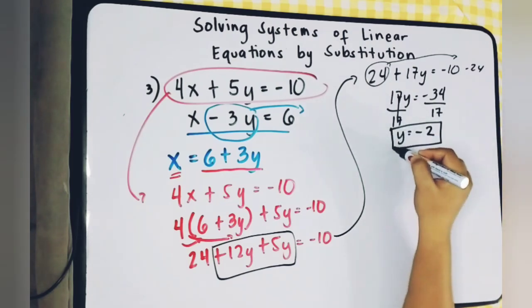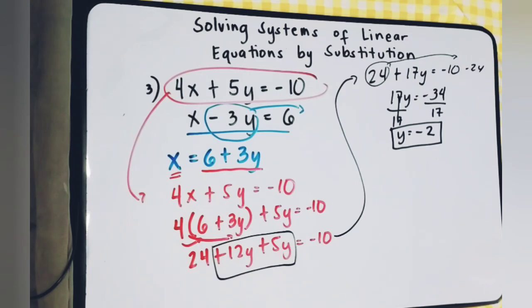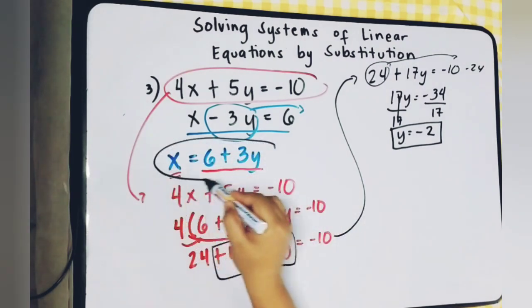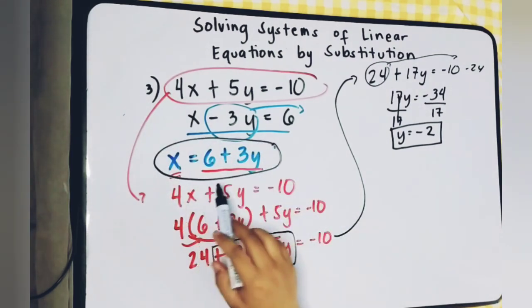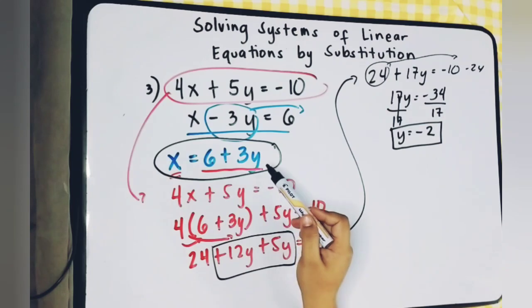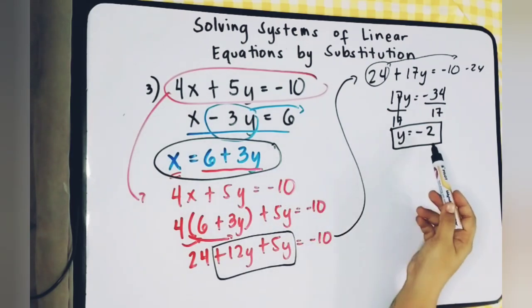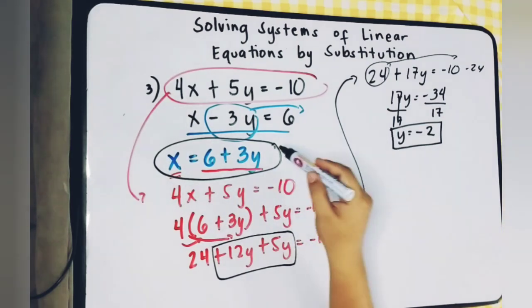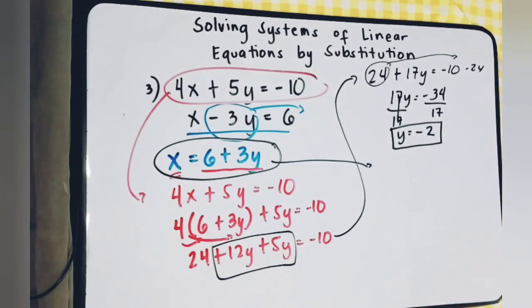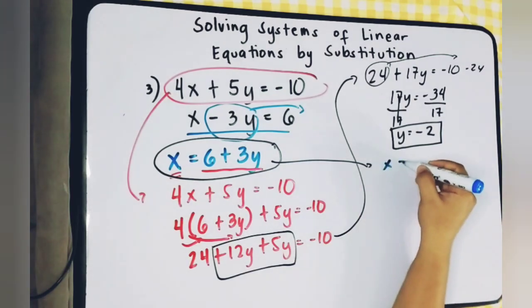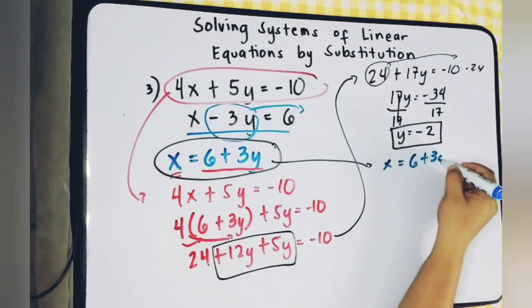Okay. So, since we have now the exact value for y, kukunin na natin ngayon yung value ni x. At anong gagamitin natin? This 1. Kasi diba hindi pa siya exact value kasi nga may variable pa rin. But this time, since alam na natin yung value ni y, so we can now substitute this 1. So, x is equal to 6 plus 3y.